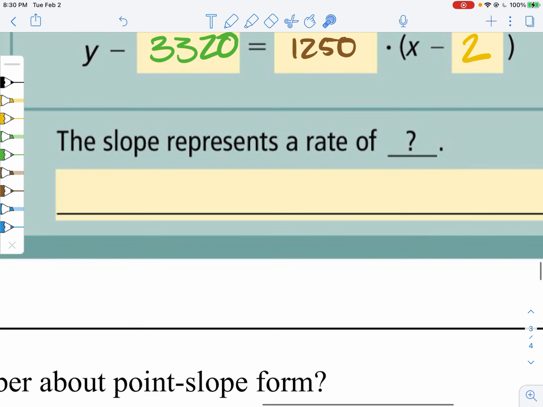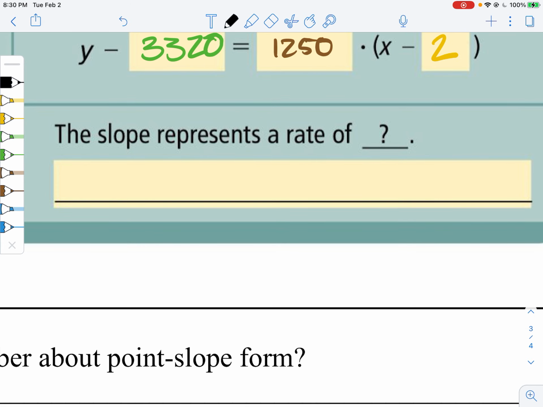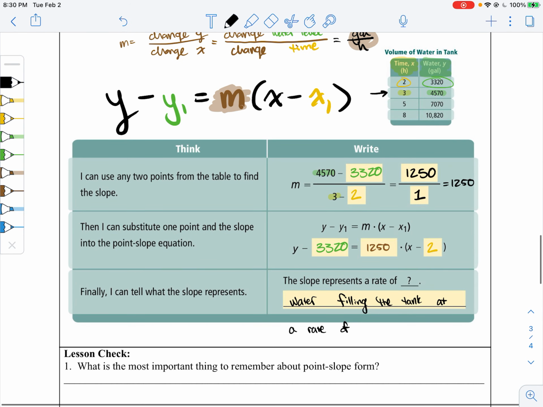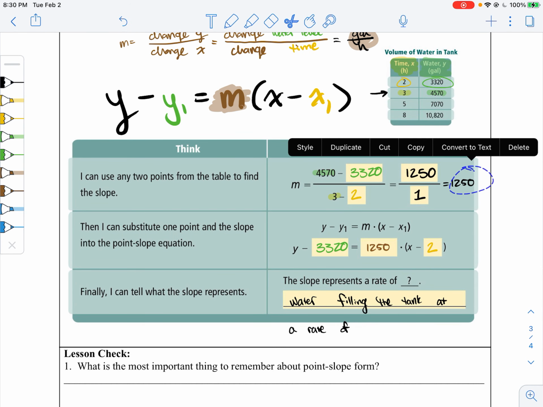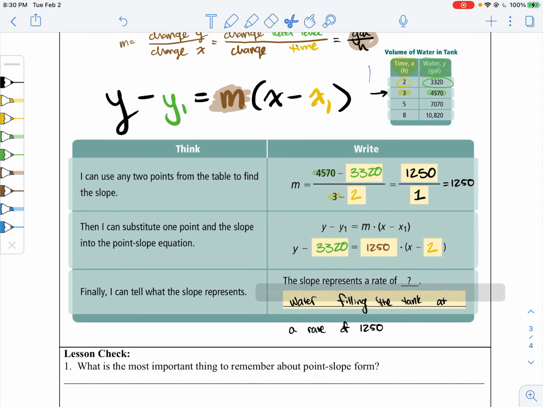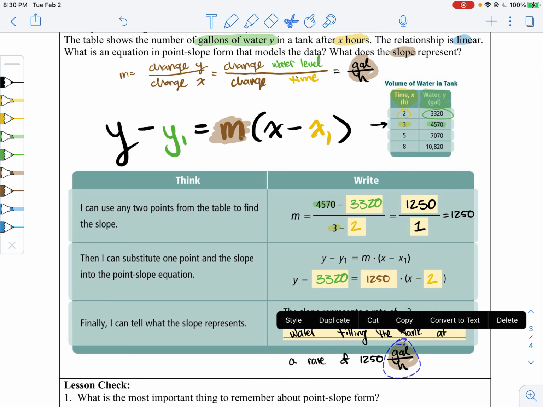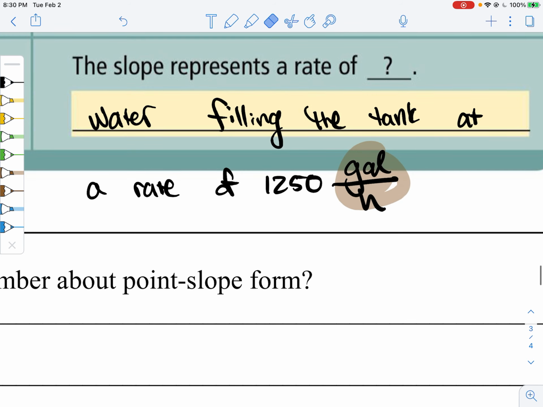The slope represents the rate of water filling the tank at a rate of, what was our rate? Our slope is 1250 gallons per hour.